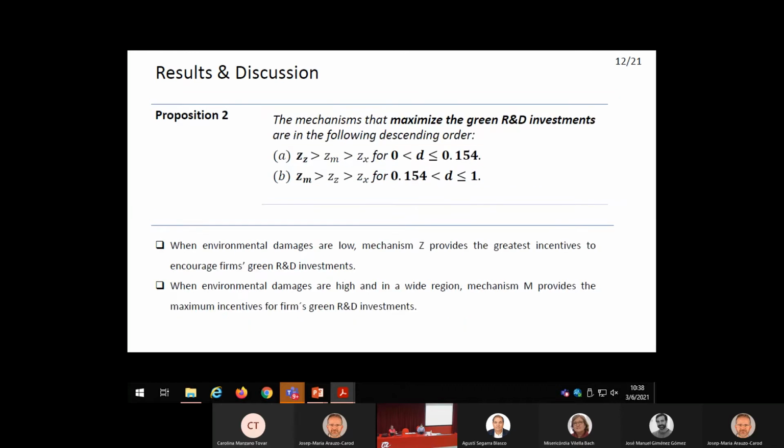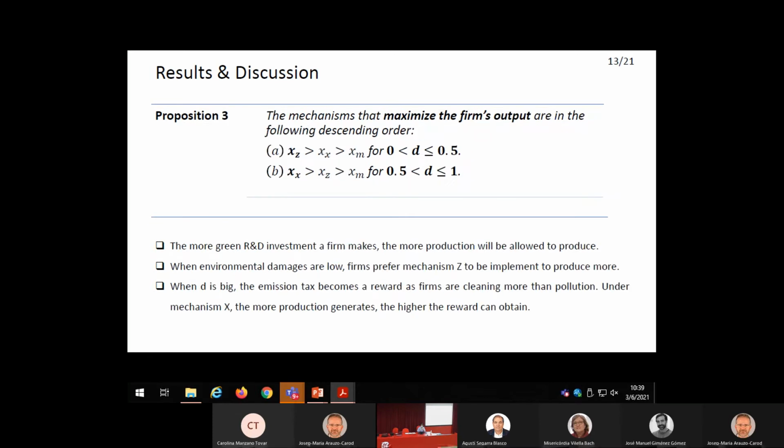From proposition 2, we found when environmental damage is low or in a small region, mechanism Z can provide the greatest incentives to firms' green R&D investment. And when environmental damage is high or in a wide region, mechanism M can provide the maximum incentives for firms' green R&D investment.